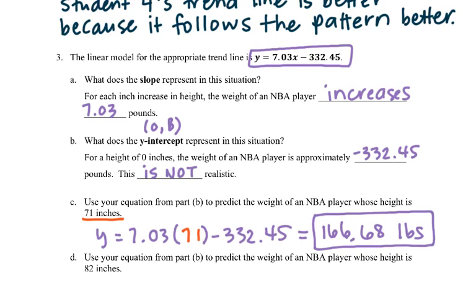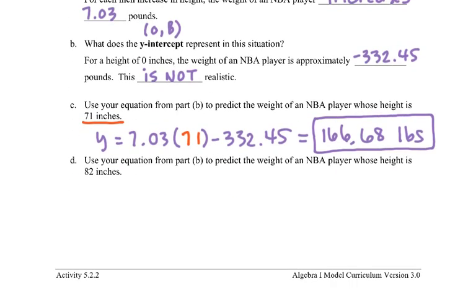We're going to do the same thing with 82 inches. All right. So this time we're going to plug in an 82. We're going to see how much heavier that person would be. All right. Here we go. We're going to type that in.